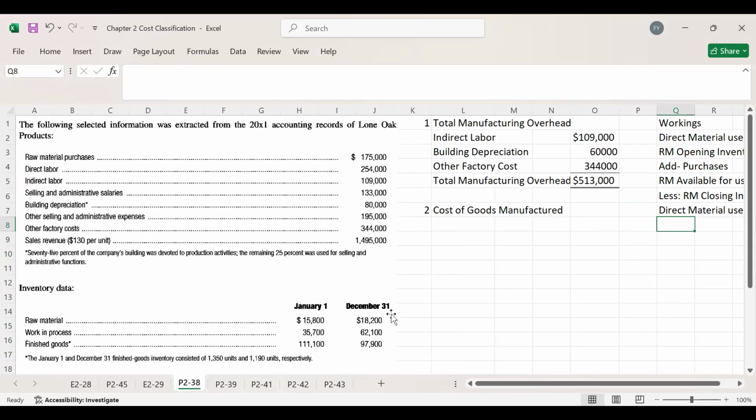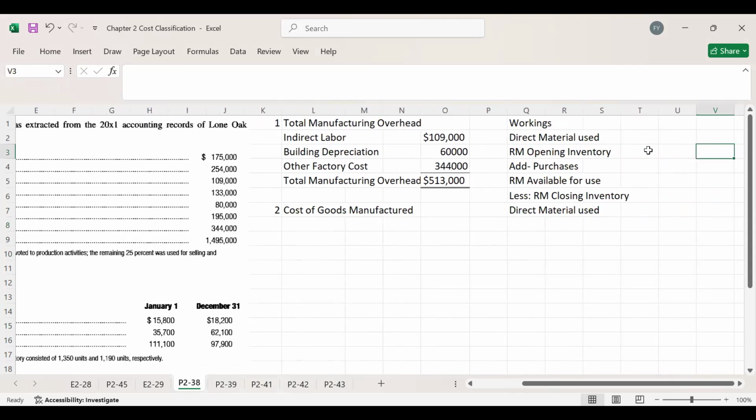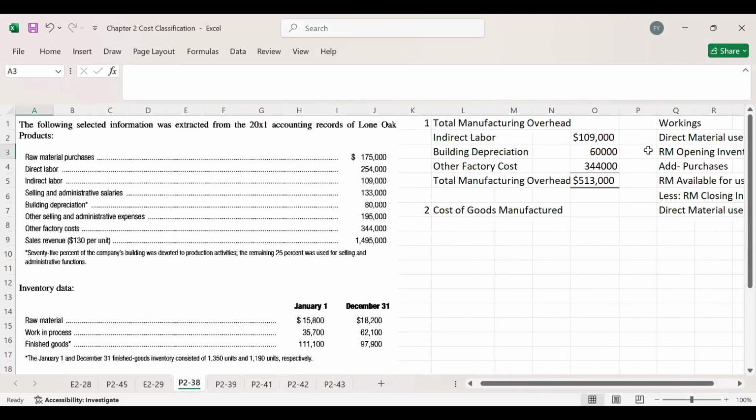You can see January 1st and December 31st. 15,800 is your opening inventory, and closing inventory is 18,200, and purchases are given. Raw material purchases, you can see 175,000.